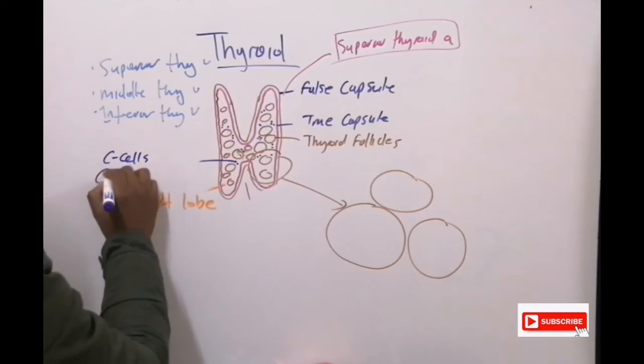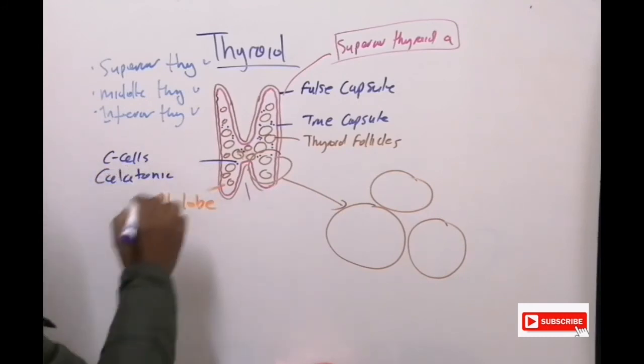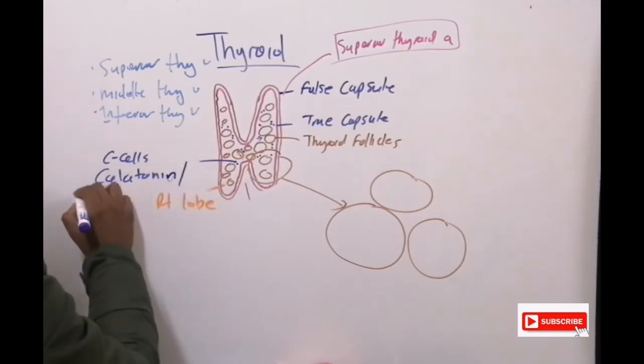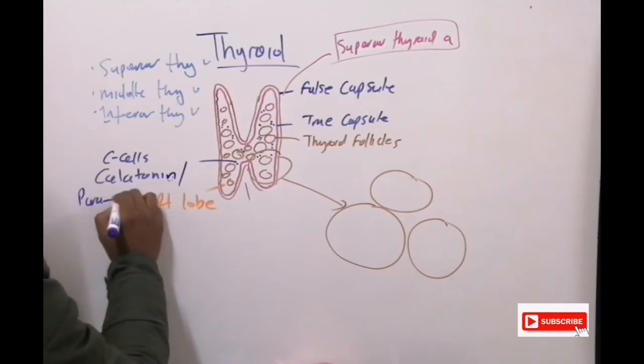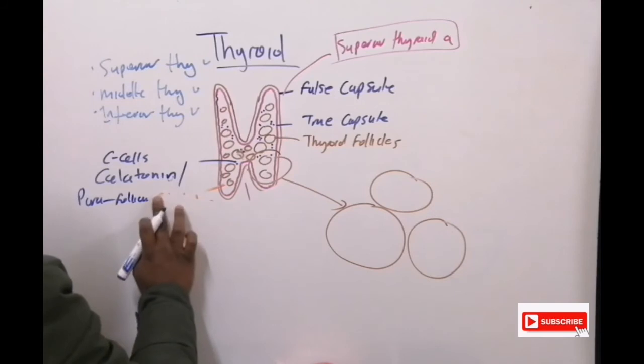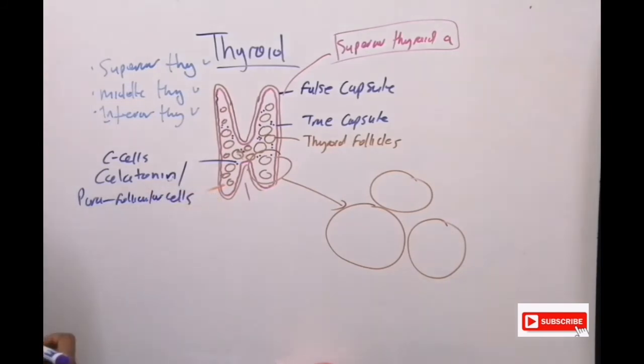The C stands for calcitonin. Calcitonin, or the parafollicular cells. And those cells are mainly responsible for calcium metabolism, which we're not going to talk about today.